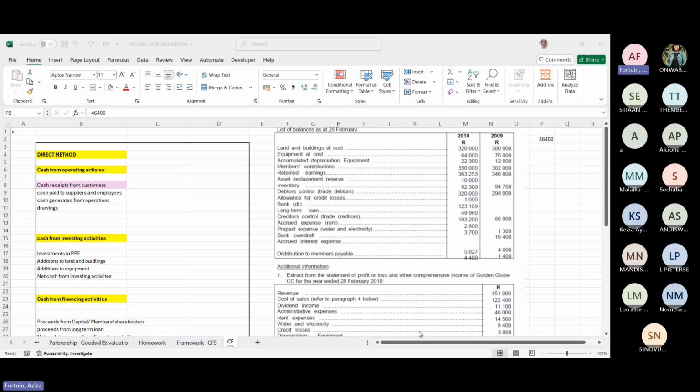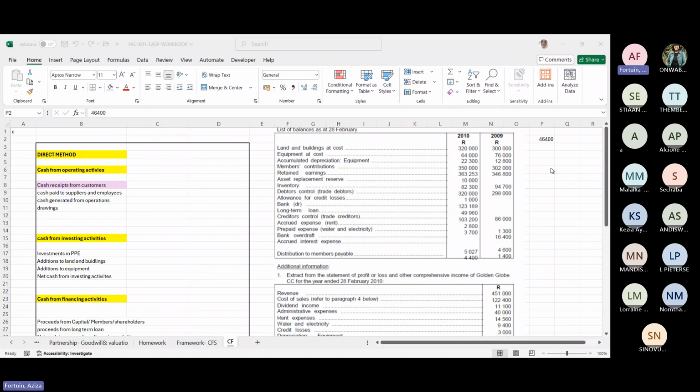Did you work with a T account, Mandisa? Yes, ma'am, you said we must only work on the receivables. Yes, but did you work with a T account or did you do it in your head? No, I just used my calculator. I checked it on what you gave us, and then I added what I needed to add.